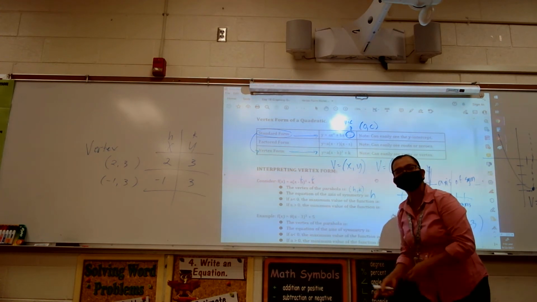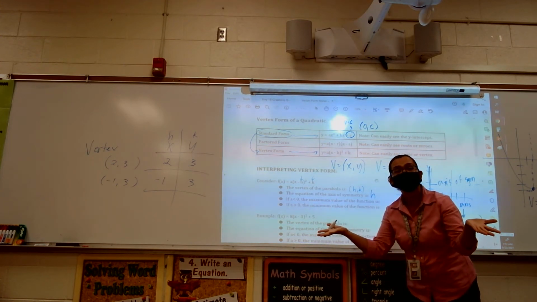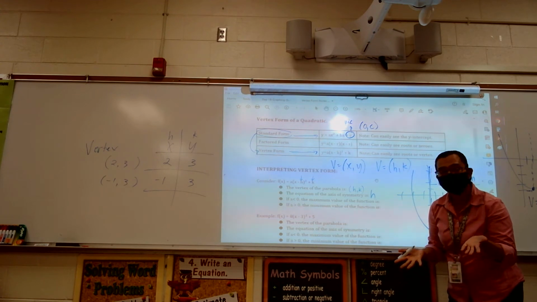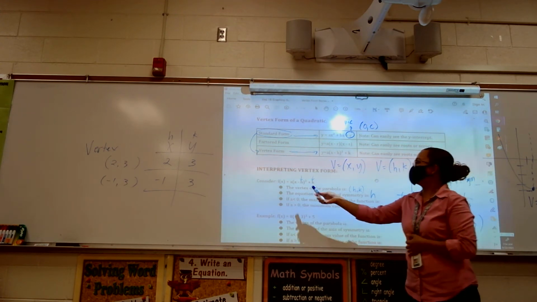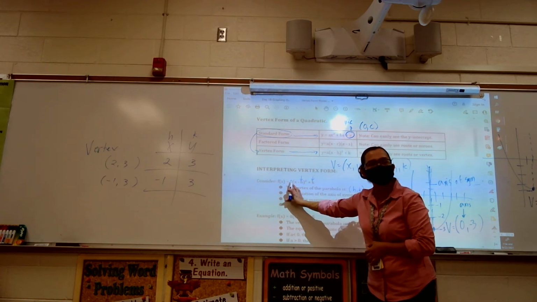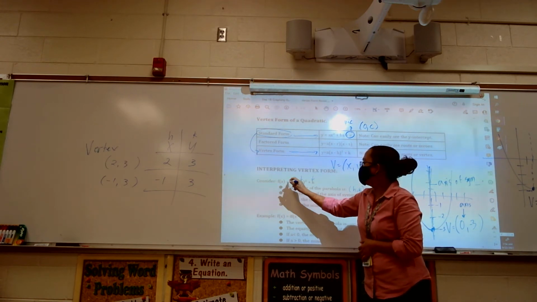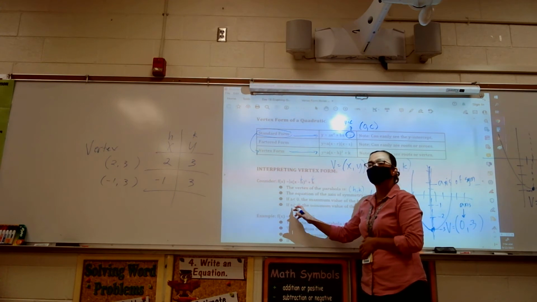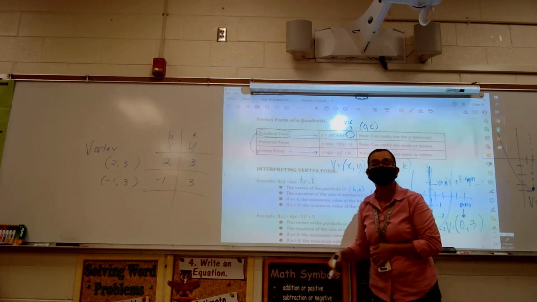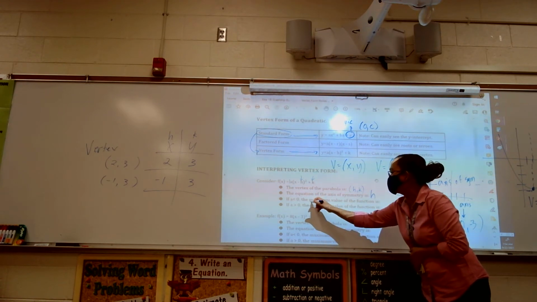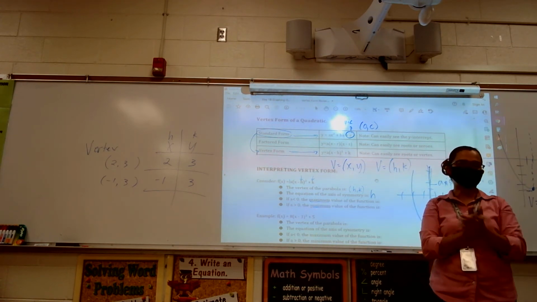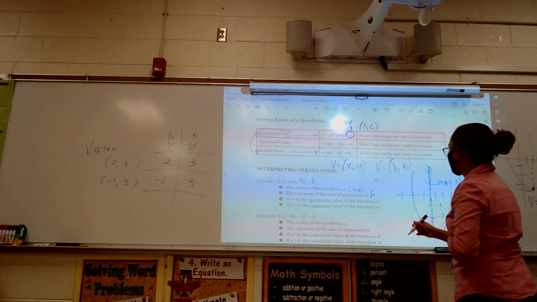So, is it a maximum or minimum? What is the value, the coefficient of A here? 1. Is 1 greater than 0 or less than 0? Greater than 0. So, is it a minimum or a maximum? Minimum. Good job.